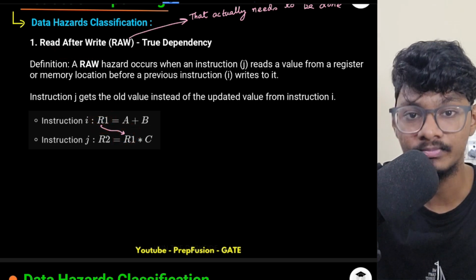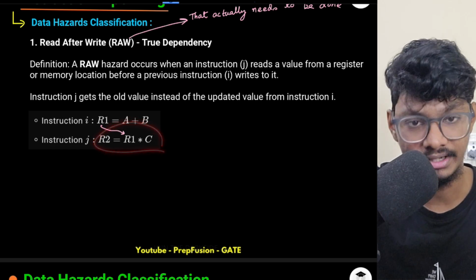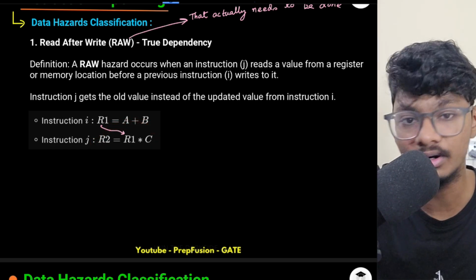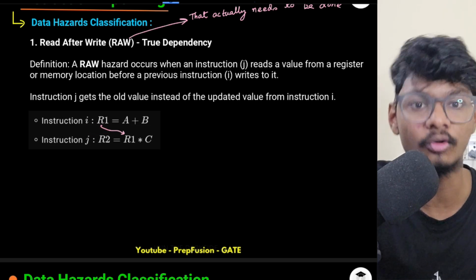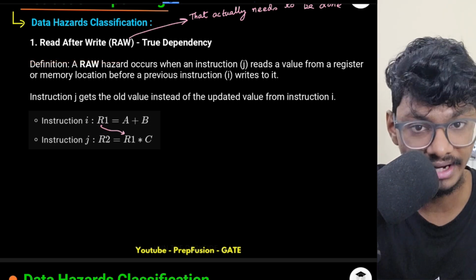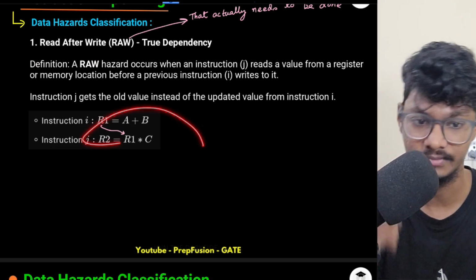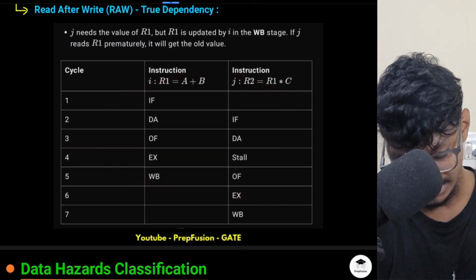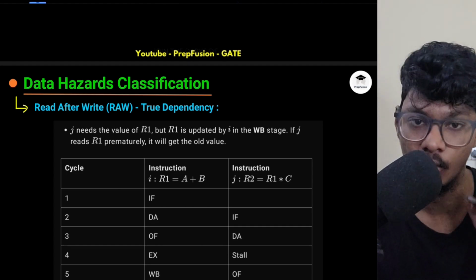Read after write means I should read after writing. That is what should have happened, but I am not doing it. I'm reading before writing. That is the problem. I should have read it after writing, but I'm not able to do it. Here the same example is given. In the question, the assumption will be given.